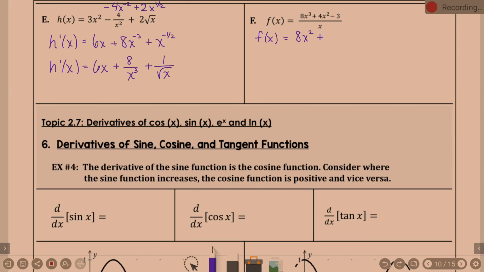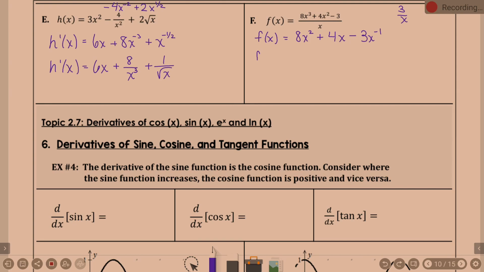Plus 4x squared divided by x becomes 4x. Minus, what about 3 divided by x? 3 over x, which is 3x to the negative first for the purposes of taking the derivative.